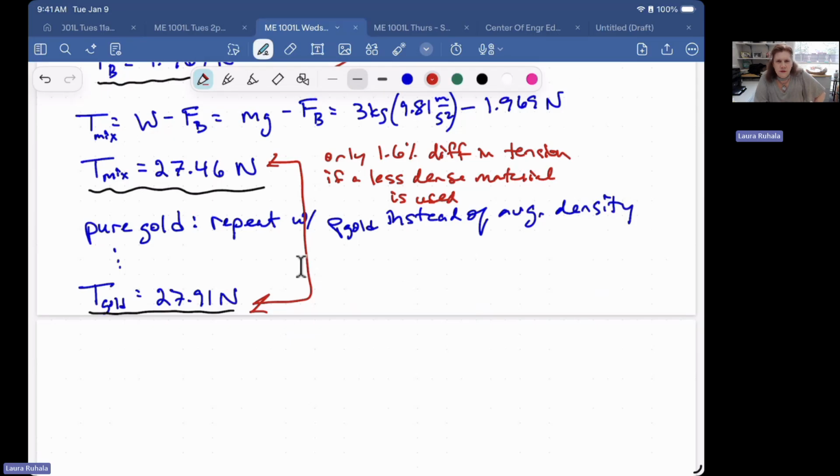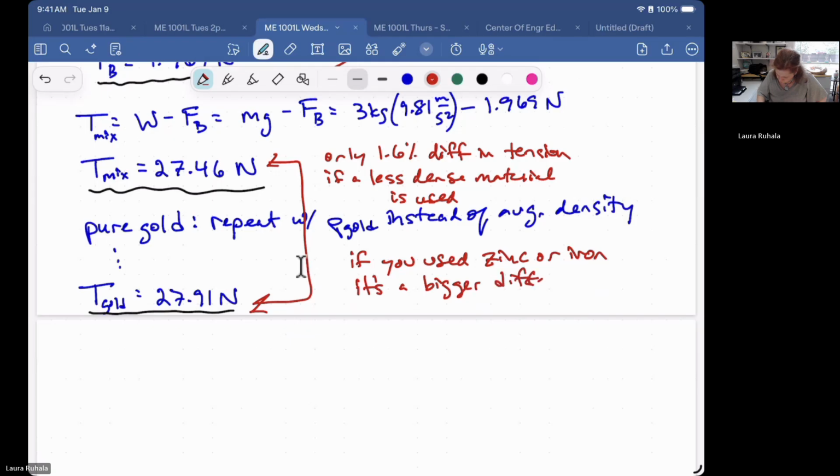And this is if the dishonest metalsmith used gold and silver 50-50. If you used zinc instead of the silver, or iron, other filler materials, it's a bigger difference. So the moral of the story here is, yes, you can absolutely prove that this is not pure gold.